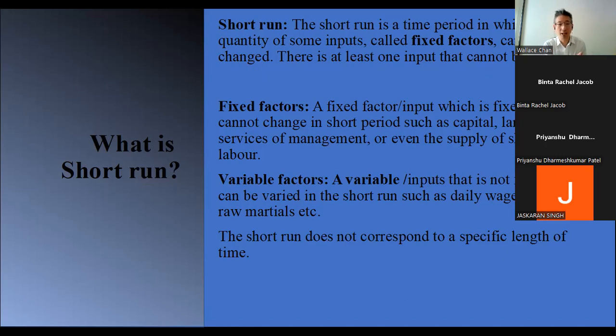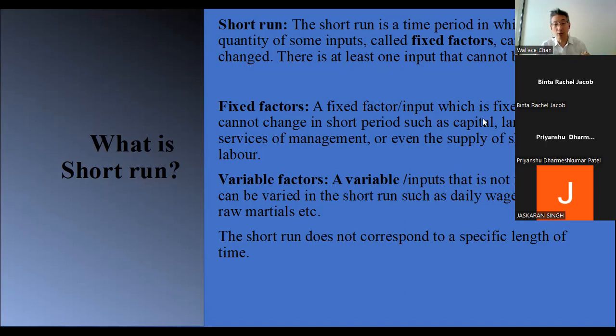For example, you cannot expand the capacity of your factory. So there are certain limitations for you to change those factors. That is what we mean by short run.